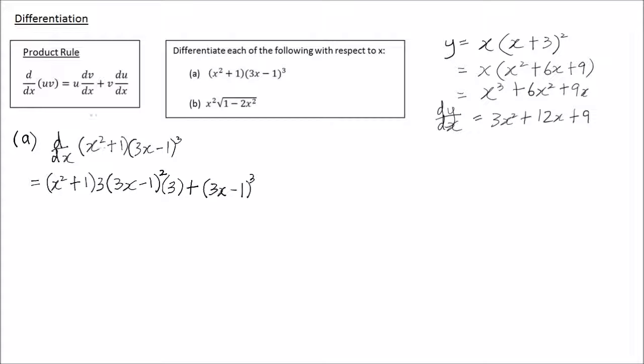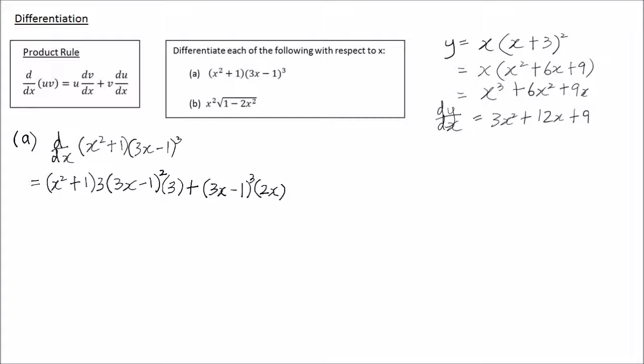We do not have to apply the chain rule as we have done here. Just differentiate within the bracket straight away. When you differentiate x squared plus 1, what you get is 2x. The plus 1 disappears upon differentiation.